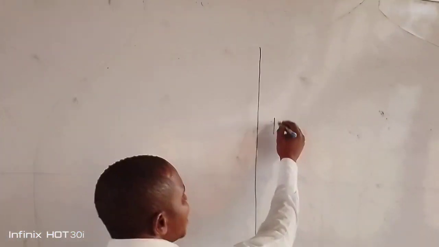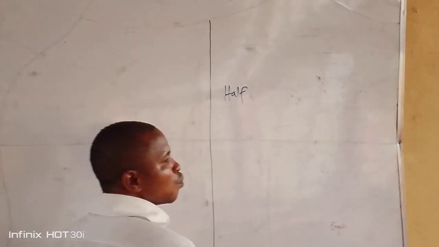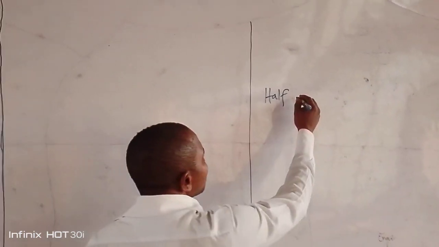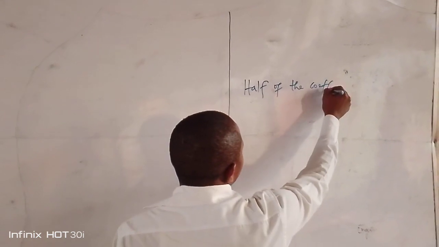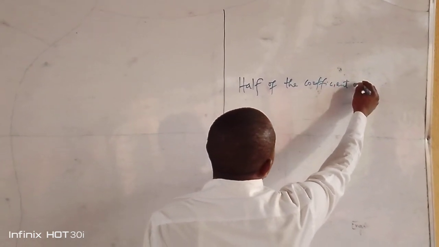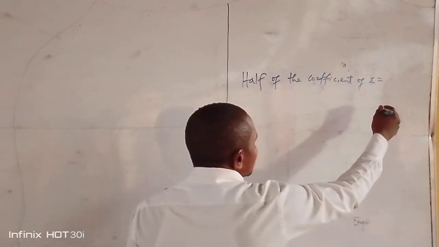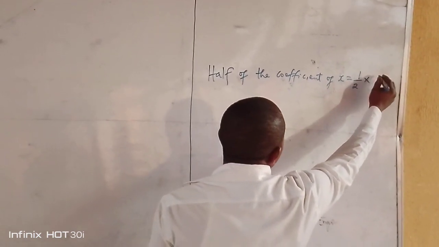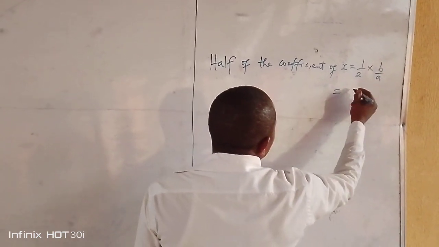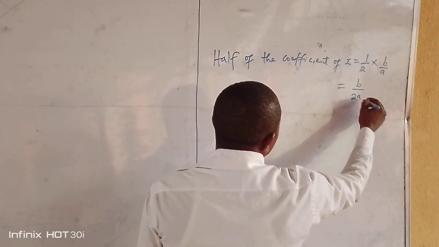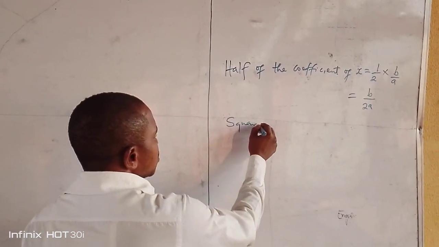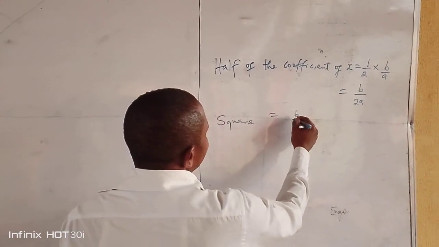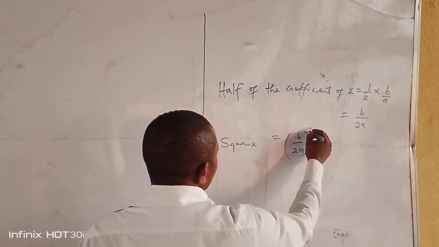I want to solve it here so that you will understand what we are doing. Half of the coefficient of x here is 1 over 2 multiplied by b over a, which will give us b over 2a. Then the question says we should square it. So by the time you square it, we have (b over 2a) squared.